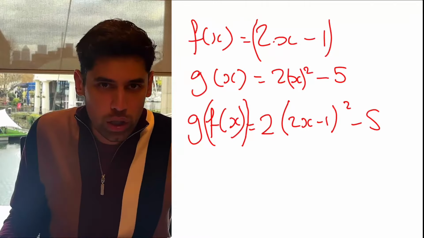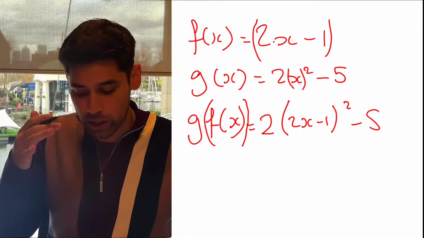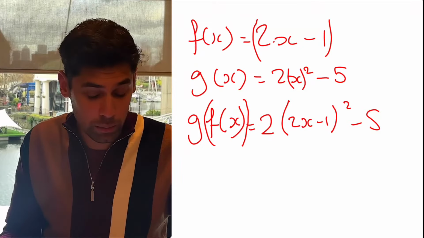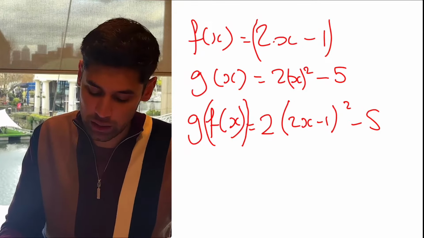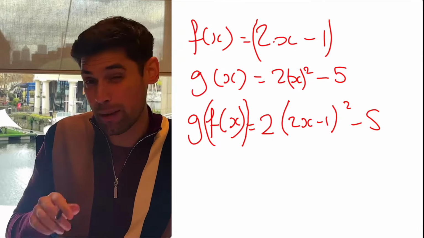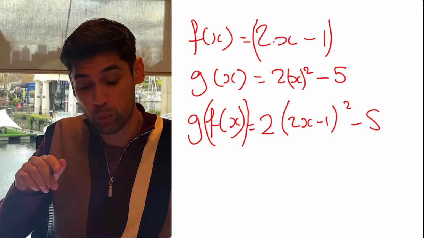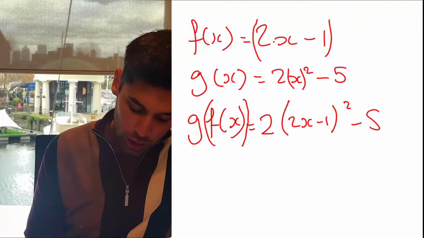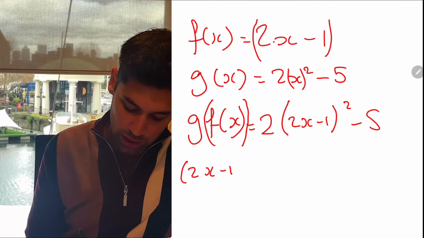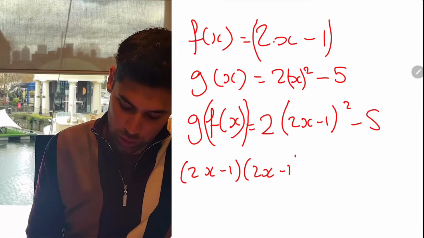Then in my question, I'm going to say simplify. So we're going to expand and simplify this. BIDMAS comes first, so we're going to do the indices first. We're going to square this bracket. Remember, as I said earlier today, when you have a bracket squared, write the bracket next to itself. So that's going to be 2x minus 1 times 2x minus 1.